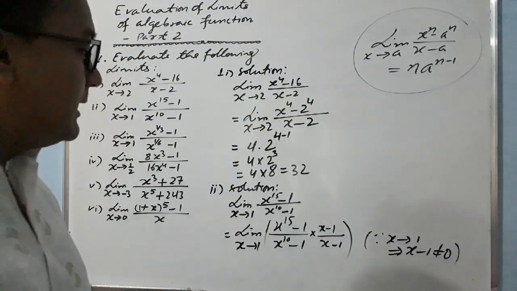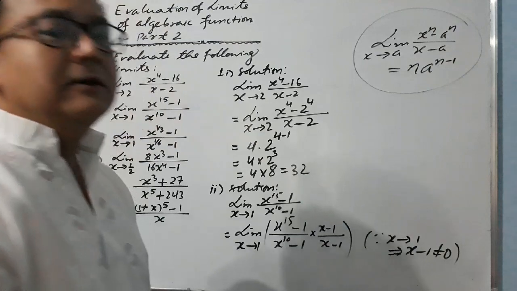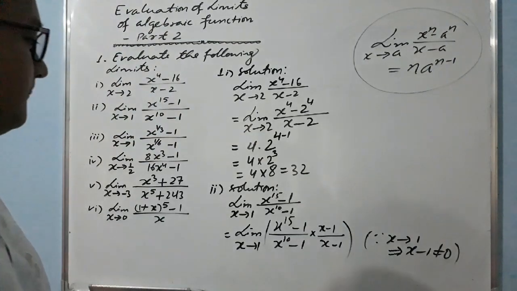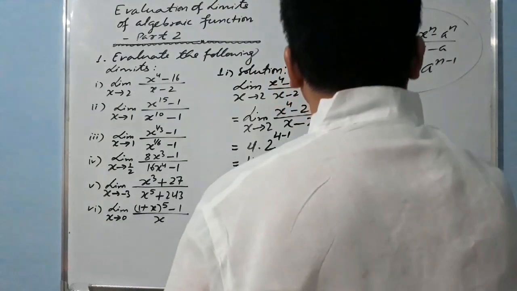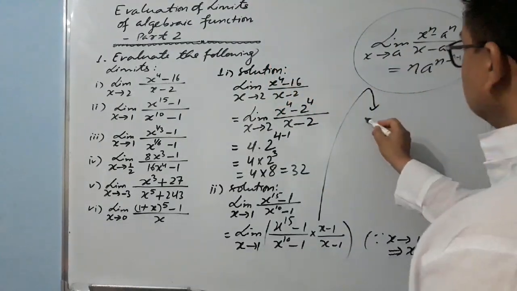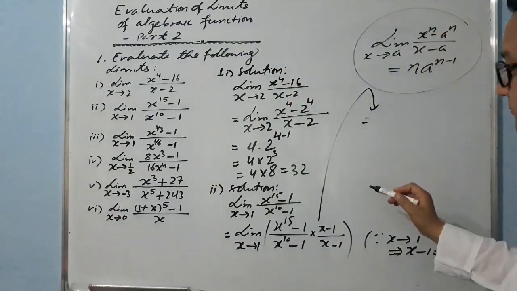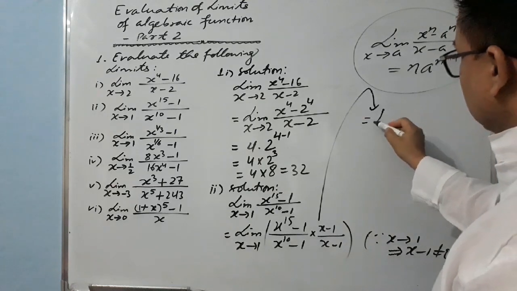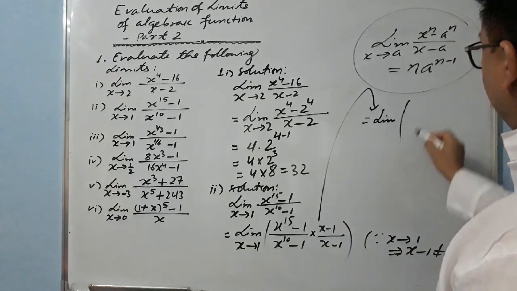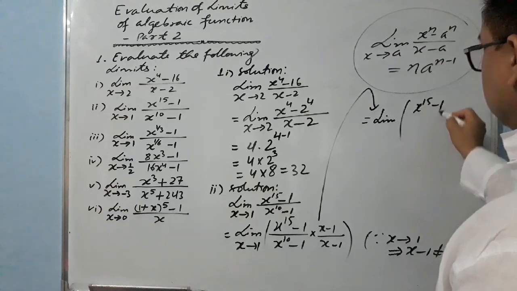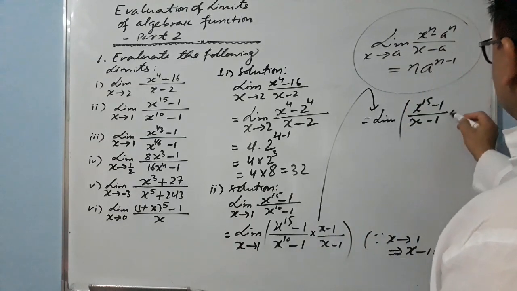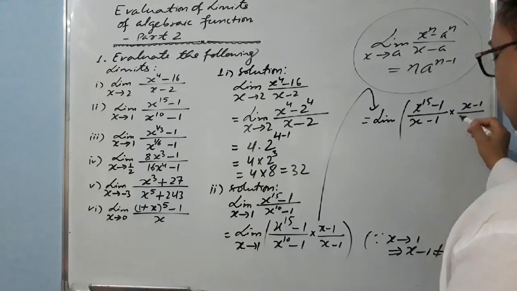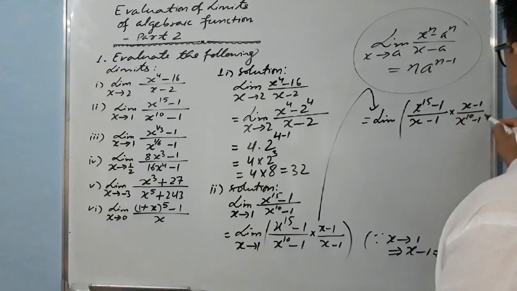X approaches 1, that's why we can multiply up and down by x minus 1. Now I'm writing the limit of x raised to power 15 minus 1 upon x minus 1 into x minus 1 upon x raised to power 10 minus 1.